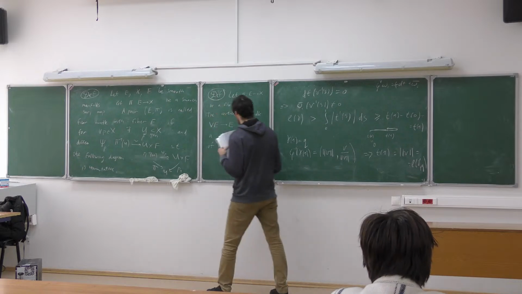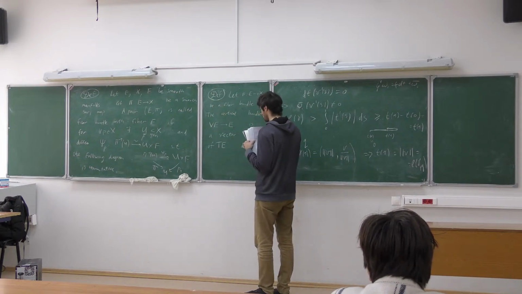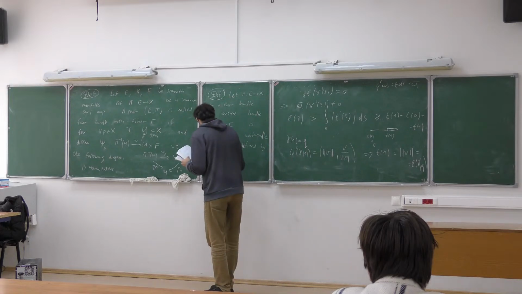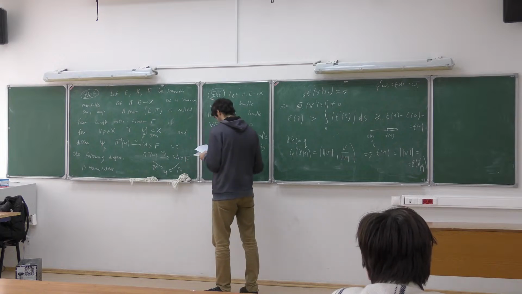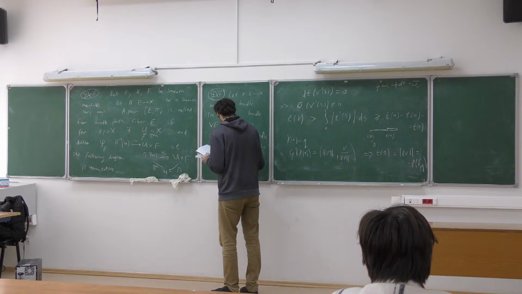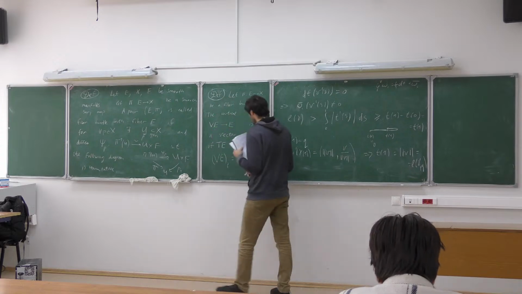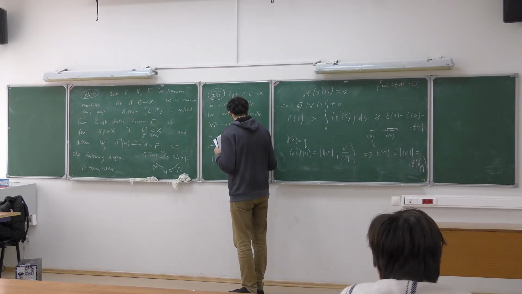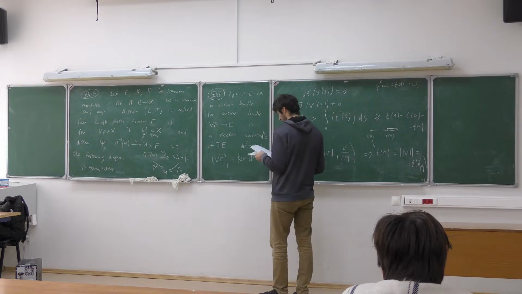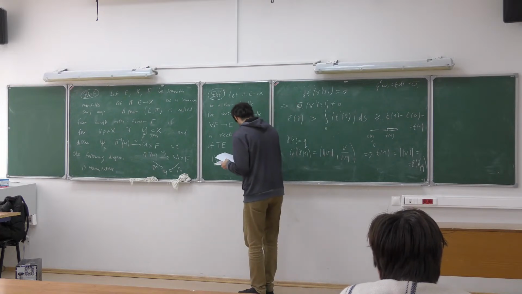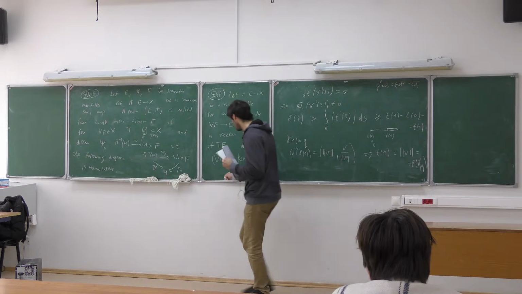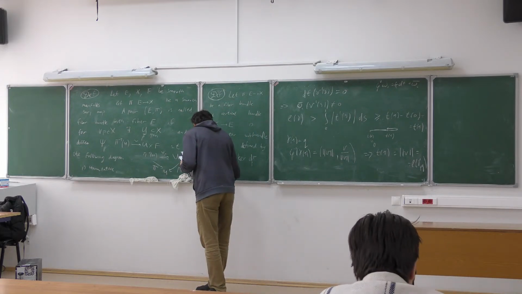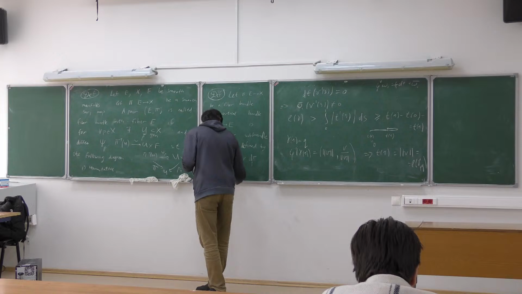I just define the fiber of this vector bundle: VE at any point P is the kernel of d pi at point P, for any P in E.